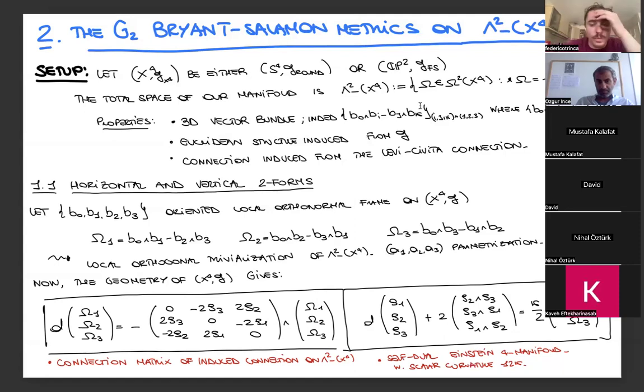And so this is the reason why we are picking S4 with a round metric or CP2 with a Fubini-Study metric, because we will need this equation to be true, and S4 with a round metric and CP2 with the Fubini-Study metric are the only such four-dimensional manifolds.